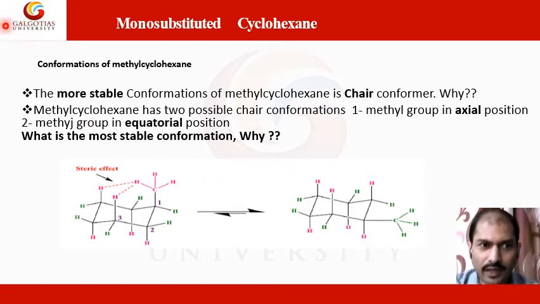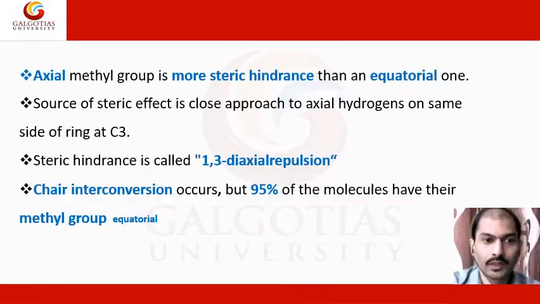Similarly, there are many more substitutions you can check. In monosubstituted cyclohexane, the axial methyl group has more steric hindrance than the equatorial one. Here you can see how the equatorial and axial positions have different steric hindrance, because the equatorial methyl group lies apart from the other groups.